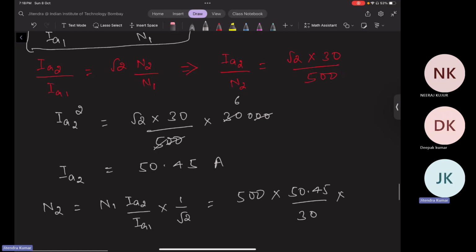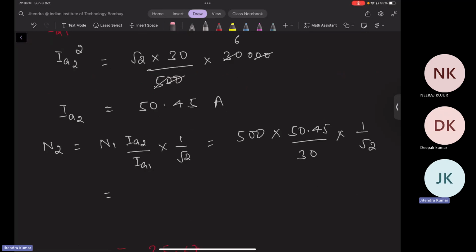Now we will have a higher speed, I guess. So it is equal to 500 into 50.45 divided by 30 into 1 by root 2. It will give you 594.55 RPM.